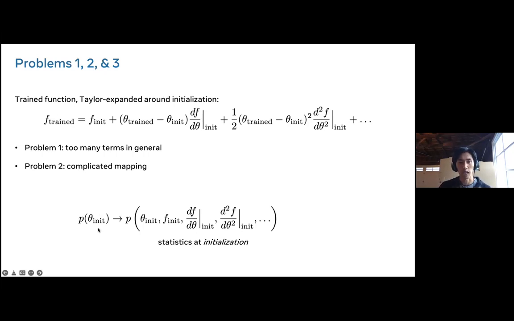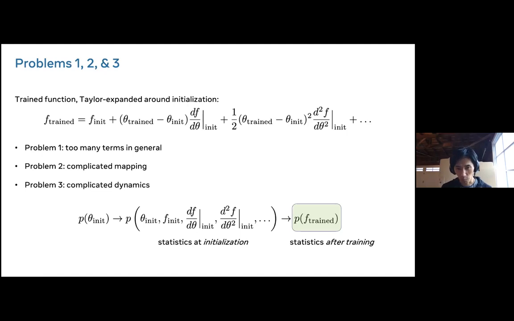So you need some way to map from the model parameter distribution to the joint distribution over the function, first derivative, second derivative, and actually an infinite series of objects. So even going from the left to right here is pretty hard in general.